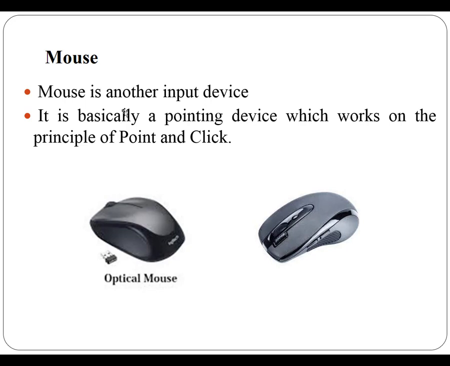Most of the latest mouses these days include a wheel in the middle of two buttons that helps us to scroll through documents more easily. Cordless mouse is also very popular. It does not have wires. It either uses Bluetooth technology to send data through the air to a receiver using plugged in USB port of the computer.